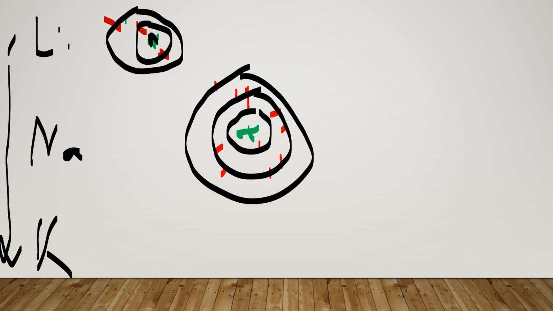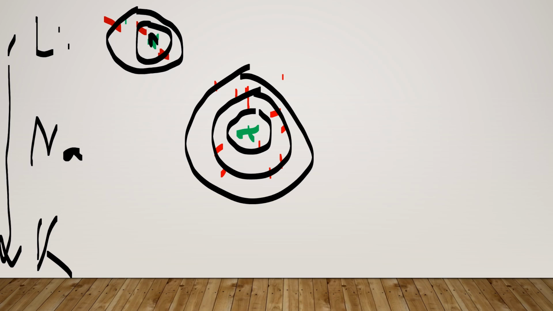Now you've got more space between this positive nucleus and that outer valence electron. So the size of the actual atom of sodium is larger than that of lithium. You have more energy levels.